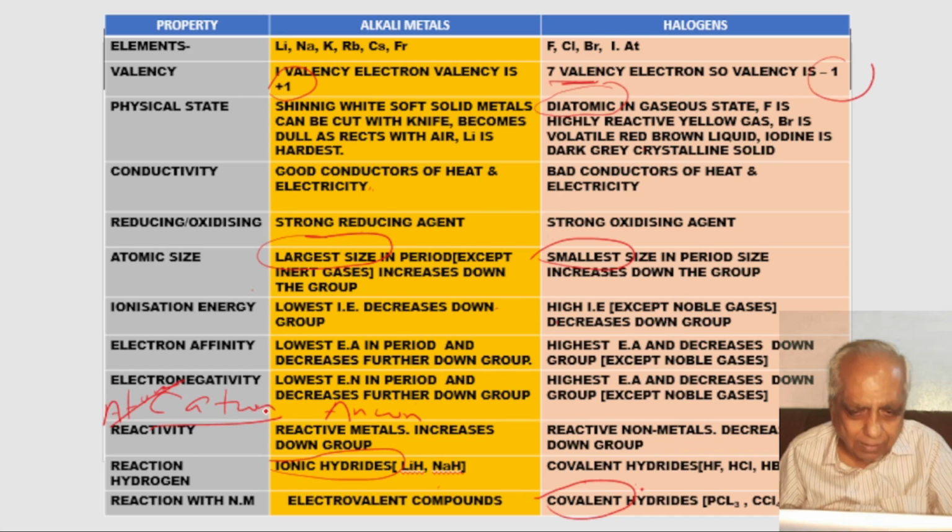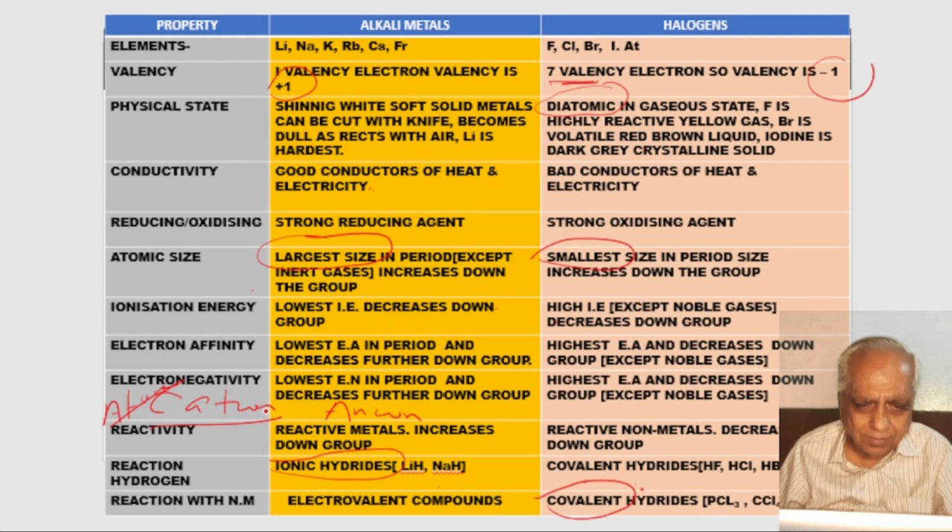Or if an atom forms an anion, then whose size would be bigger? See, an atom is neutral in charge. Take the case of sodium. A sodium atom is neutral in charge. When it donates one electron, it will form a cation.